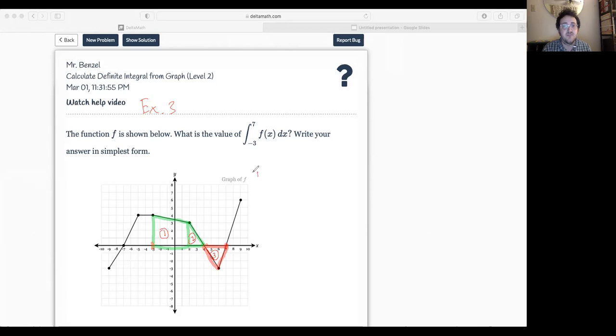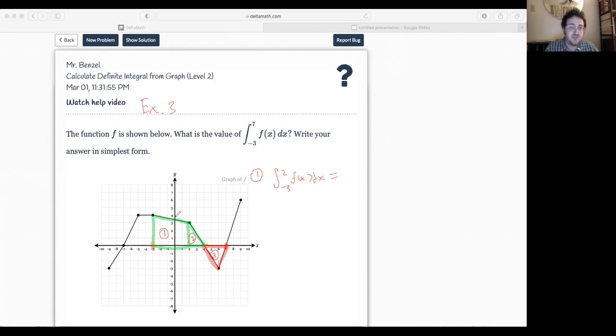So 1, if I want to do this as an integral, I could say that we're going from -3 to 2 of f of x dx. And this may feel a little tedious for you right now, but it's actually going to help you with property of integrals a little bit later. So one of the properties is that we can add up individual definite integrals to get definite integrals over bigger ranges of area.